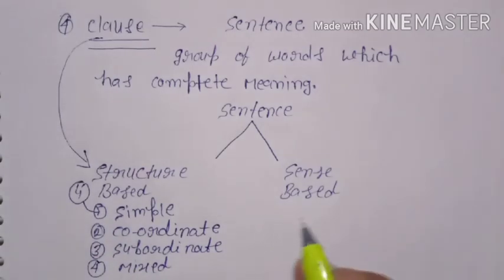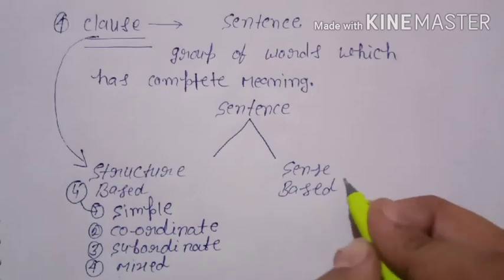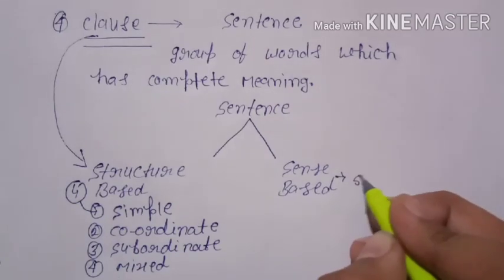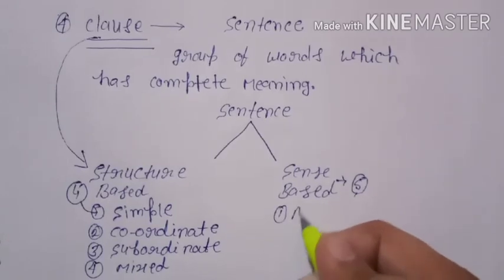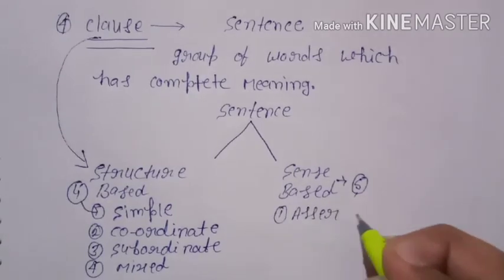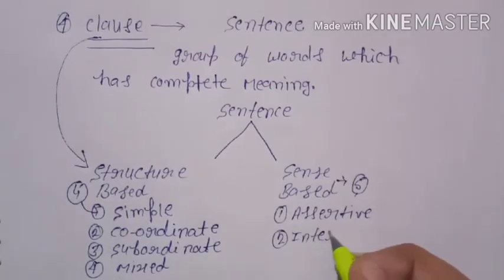Now we will talk about the sense-based sentences. These are 5 in number. First is assertive. Second is interrogative.